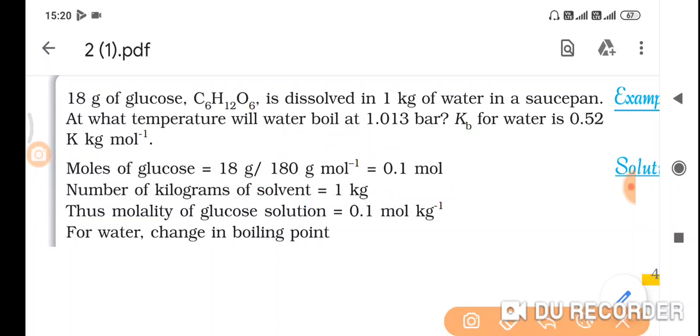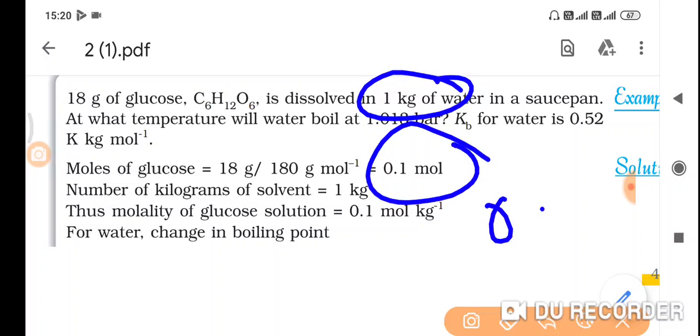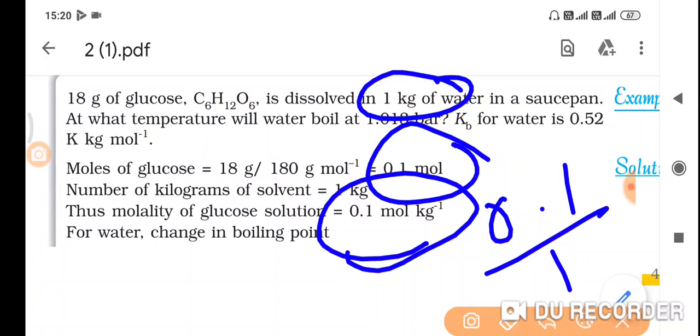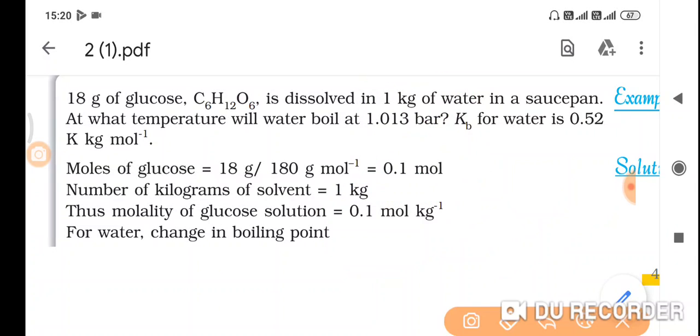Already it is given there's 1 kg of water, so in molality we have to dissolve our solute in 1 kg of water. So simply 0.1 mole per kg. Our molality will become 0.1 mole per kg. The question is very much easy.